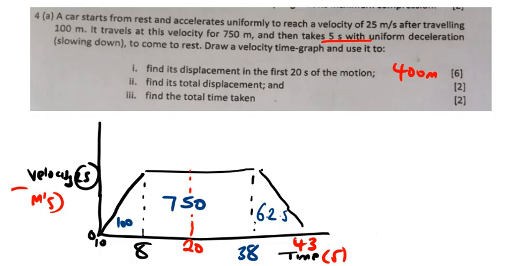Now we're told to find the total time taken. So for the total time taken, you're just adding. We have 8, plus from 8 to 30, and then from 35 to 45 it moved 5.